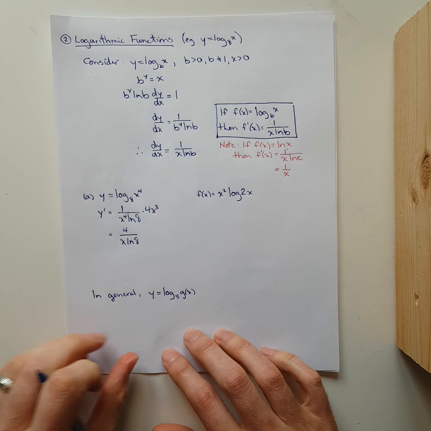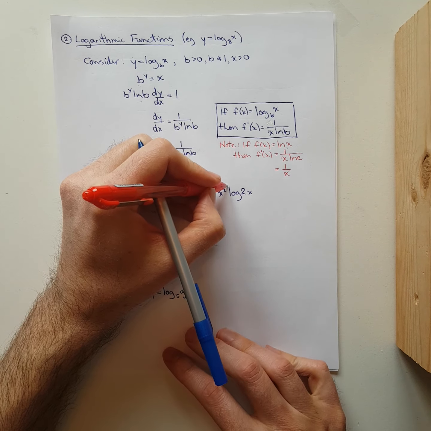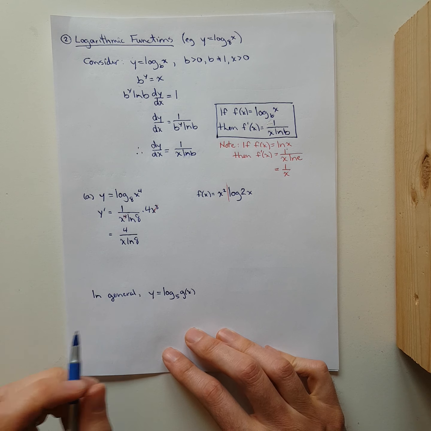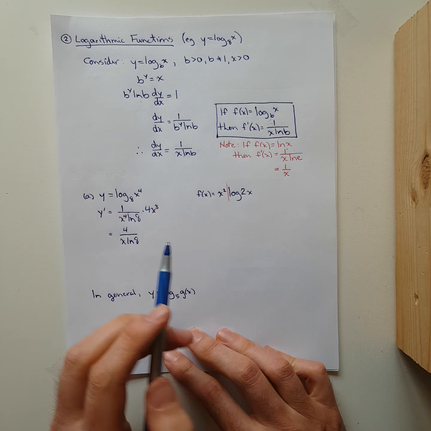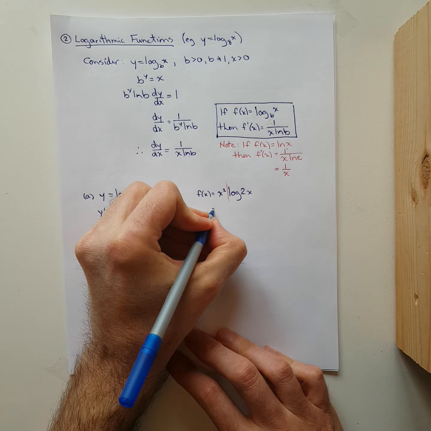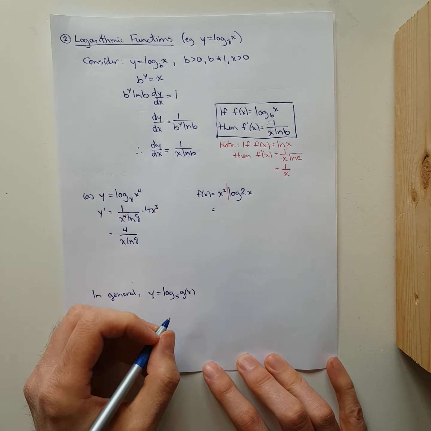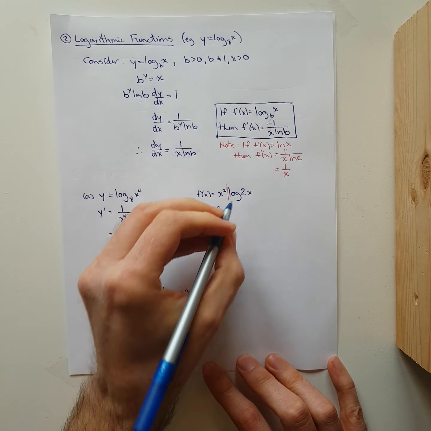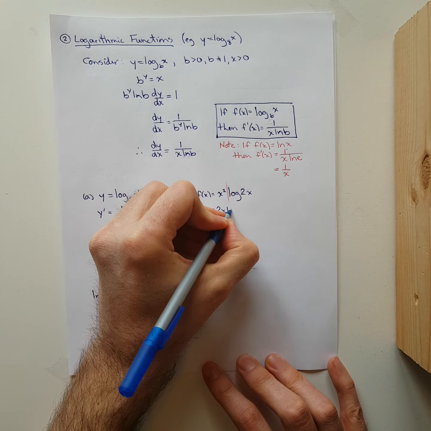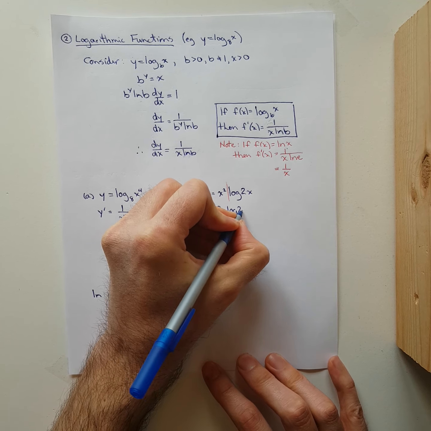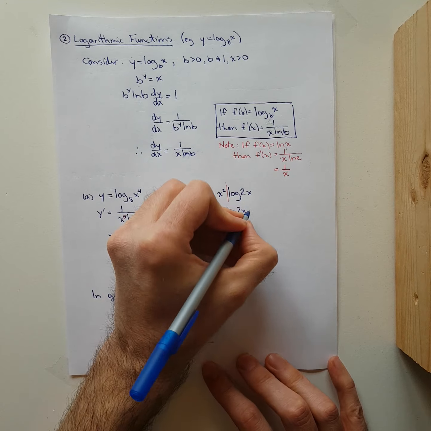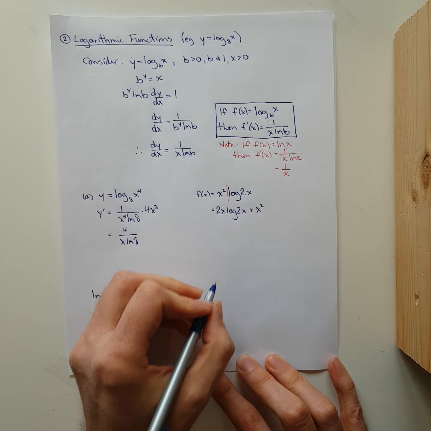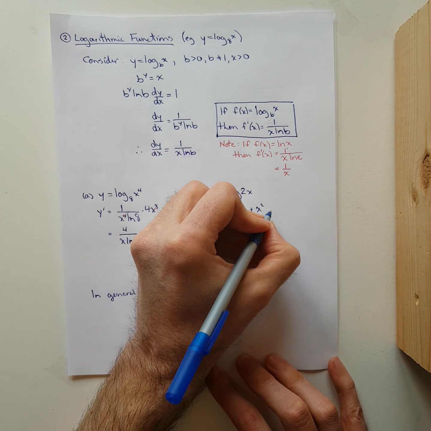In the second example, we can now combine this rule with some of our other derivative rules. What we should see here is that we have a product of two functions, so I'm going to have to use our product rule. The derivative of the first is 2x multiplied by the second, which is log of 2x, plus our first function, x squared, multiplied by the derivative of the second function.